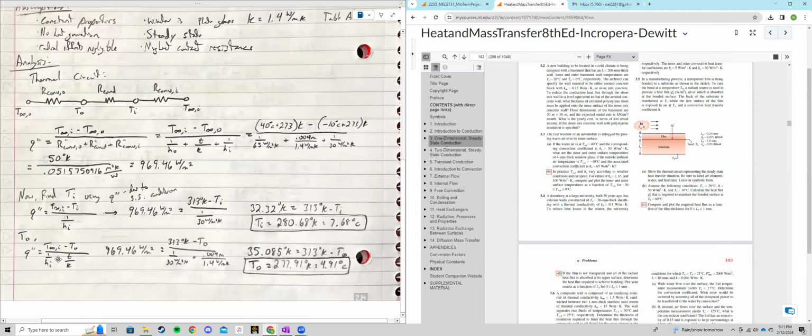As you can see here, I did just that, 1 over HI, the same as before, but now we are adding that conduction resistance. Here we will have to incorporate the thickness again and then the K value, which you can see I provided here. We don't know what TO is. We are solving for that. You just input all your values like we did before, and then you find that TO is going to be equal to 277 Kelvin, or around 4.91 degrees Celsius.